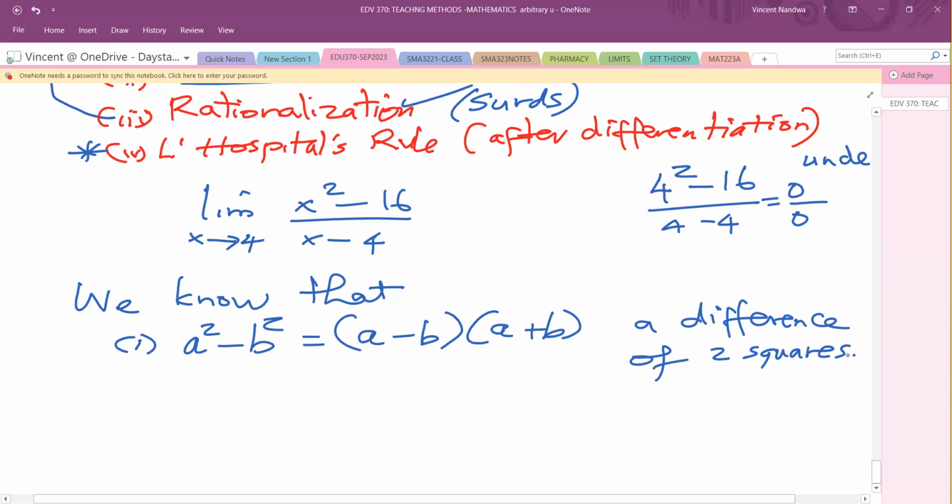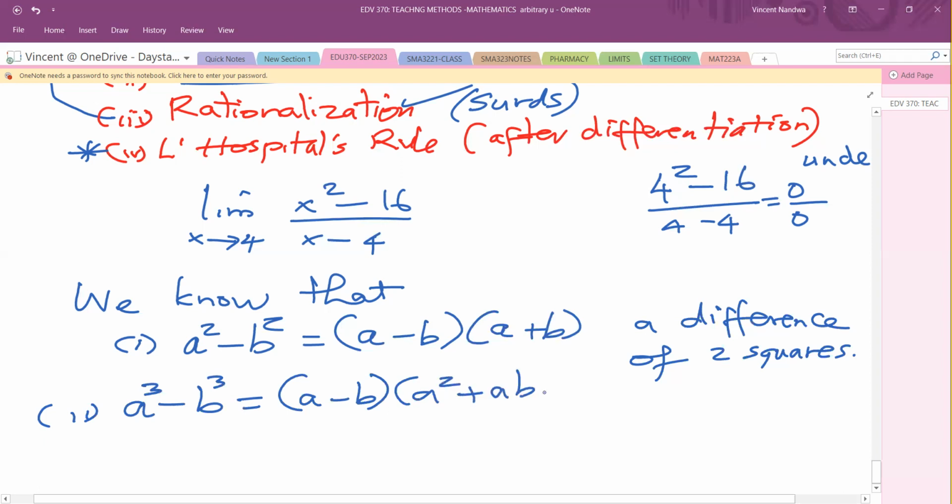So ukiona kuna number imeandikwa kama square na kuna minus sign na the other part is also squared, then you can always write it as product of these two, a minus b, a plus b. Okay. Kuna also a difference of two cubes. Ukiwa na a cubed minus b cubed, unaandika a minus b, and then you multiply by a squared plus ab plus b squared.